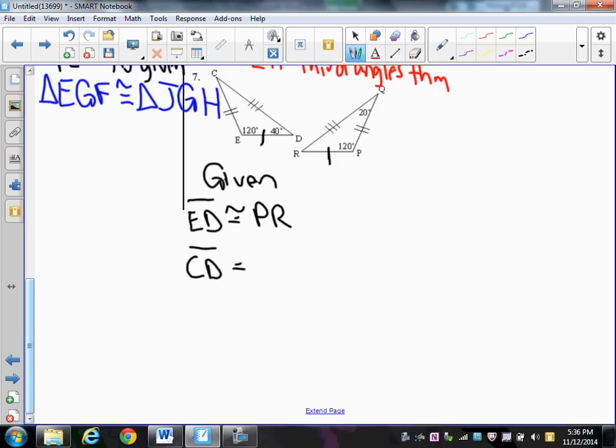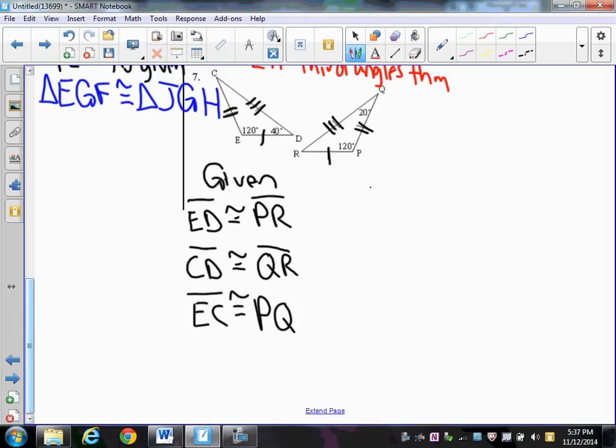CD, that has 3 marks, is congruent to QR. And lastly, EC is congruent to PQ. All 3 of those things are given to us.